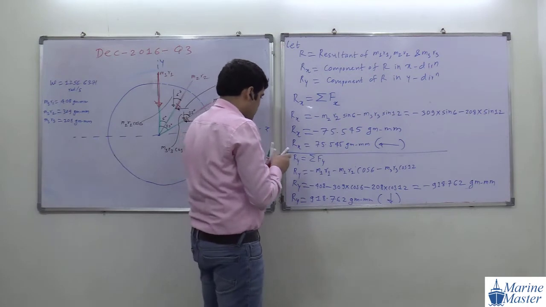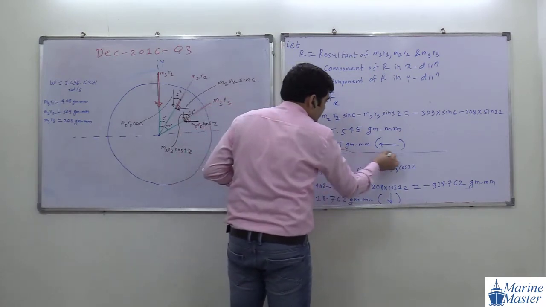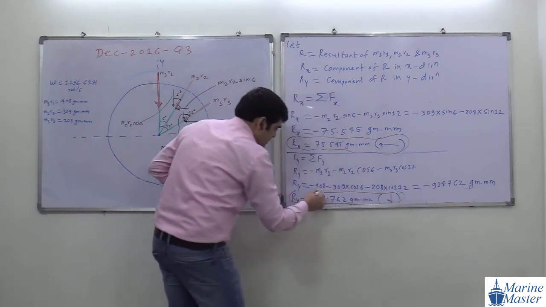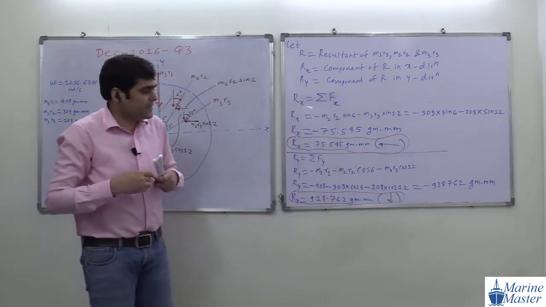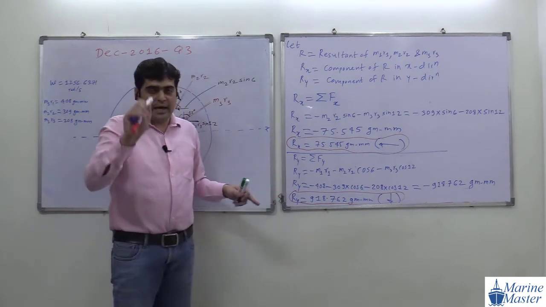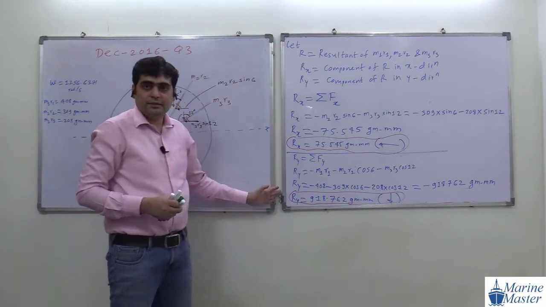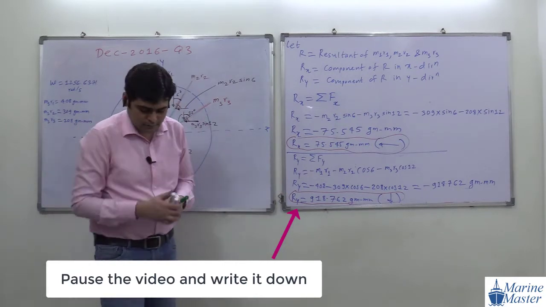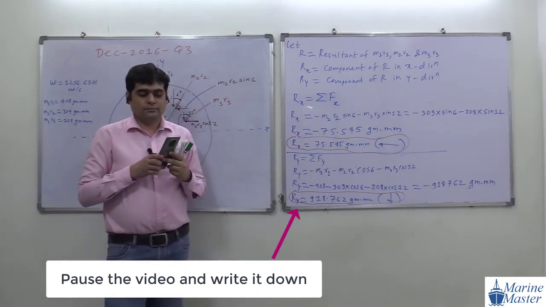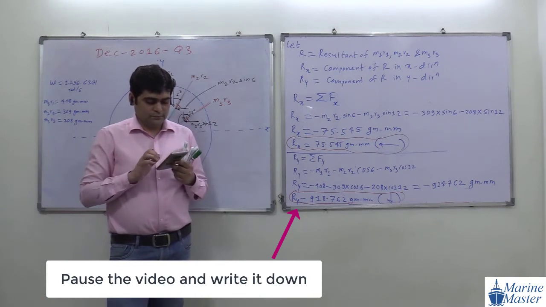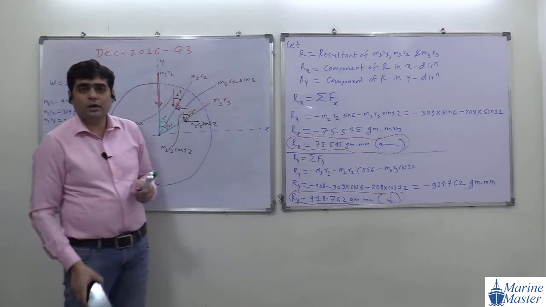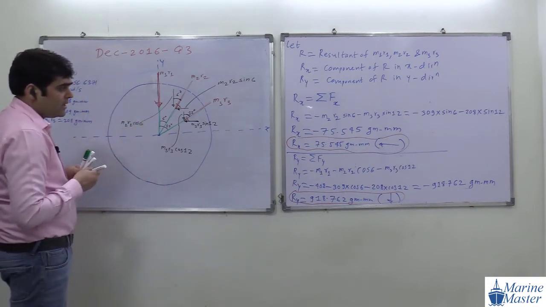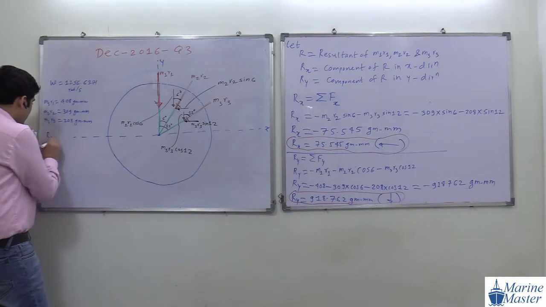So we got Rx and we got Ry. And from Rx and Ry, we will get R. Okay. So please write down all these things. Okay, good. I am writing for my reference.